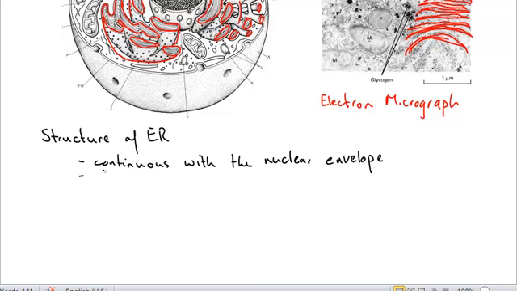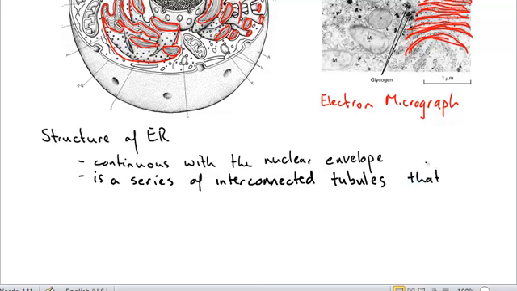It's continuous with the nuclear envelope and is a series of interconnected tubules that stretch throughout the cytosol, or throughout the cell.